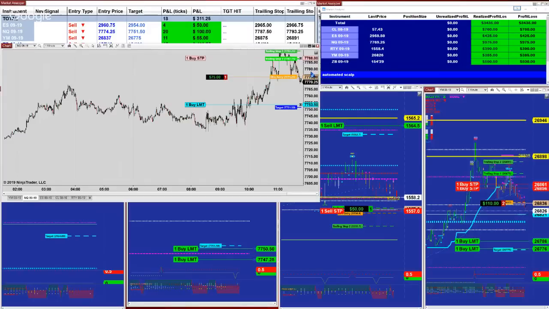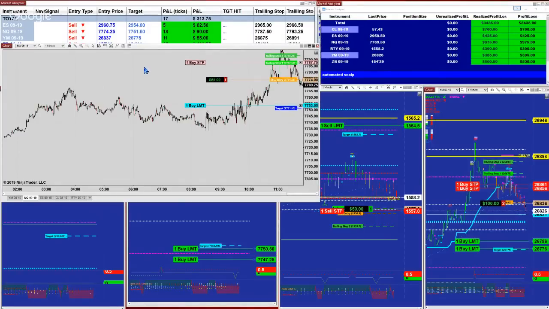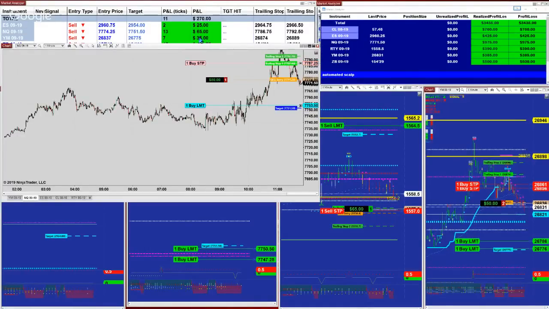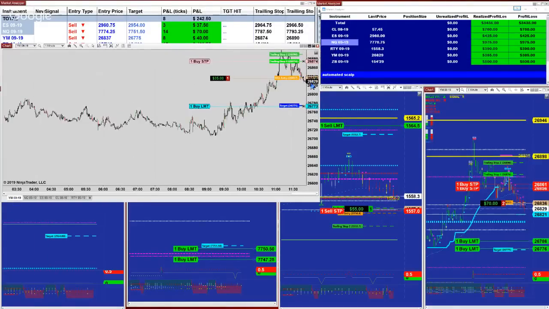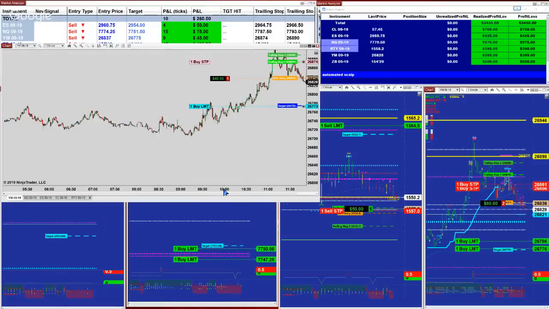Nasdaq, we have $75, now $80, based on one contract, exactly like the market analyzer. On the YM, we have $30, exactly like the market analyzer.